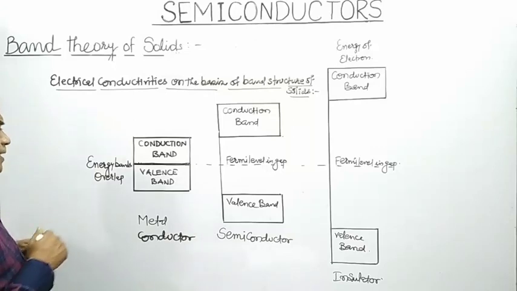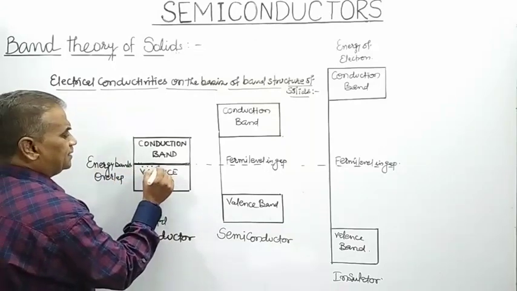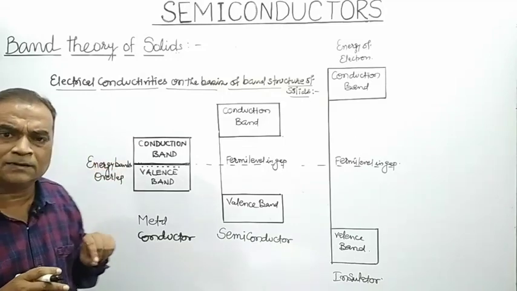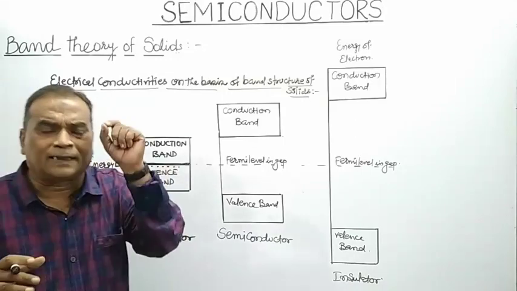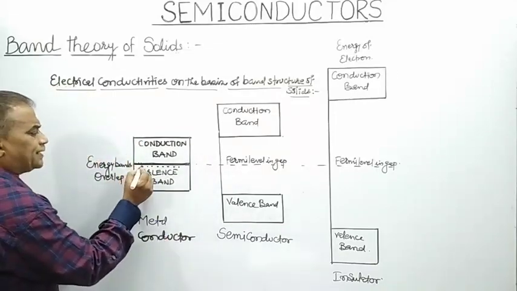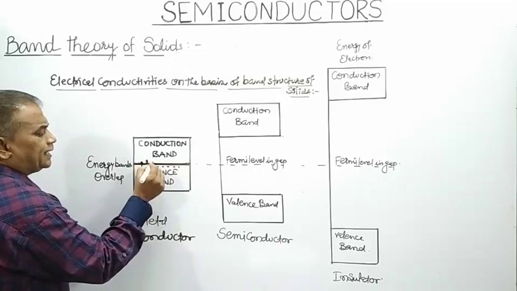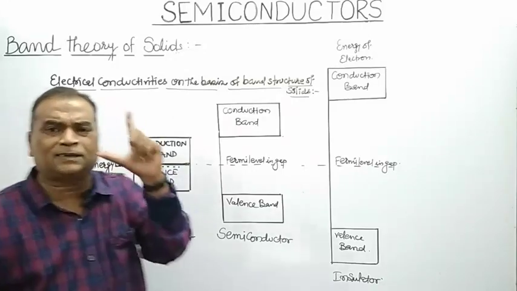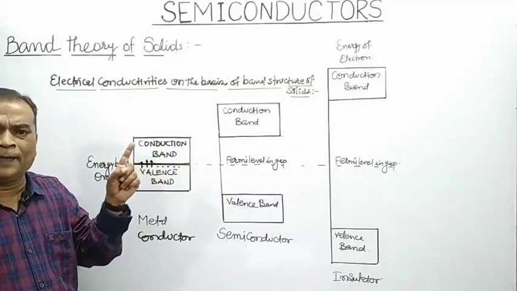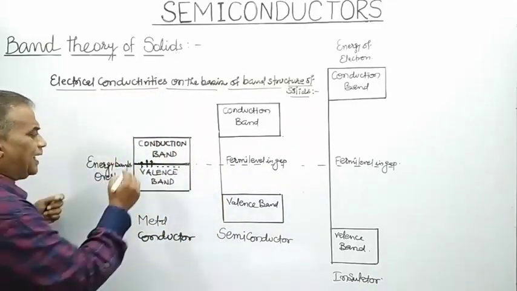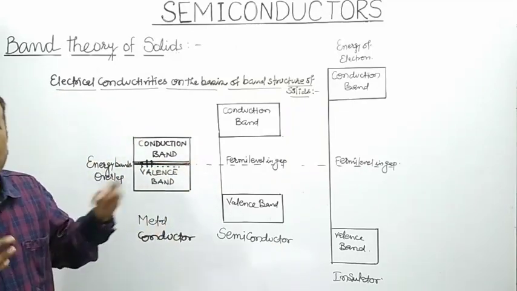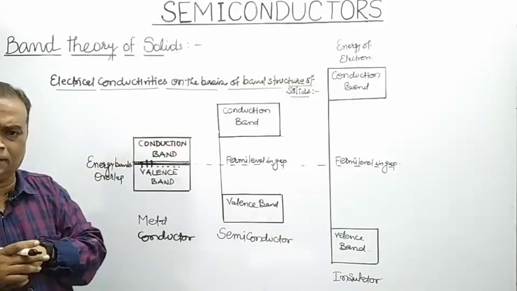So in case of a conductor, when the electrons in the valence band gain a small amount of electrical energy when an external electric field is applied, they acquire a higher energy level in the conduction band, and they are made available for conduction of electricity.